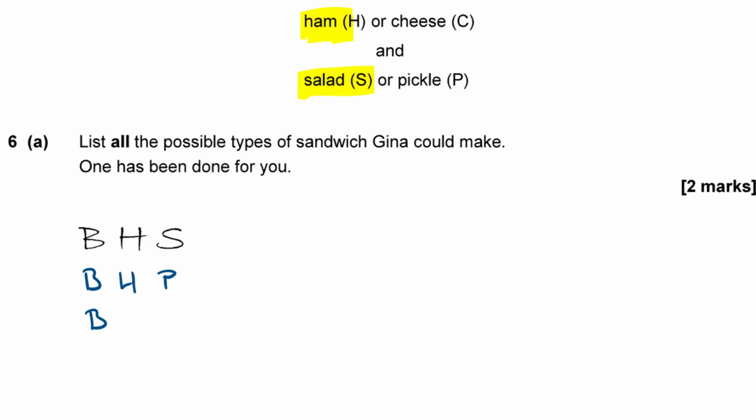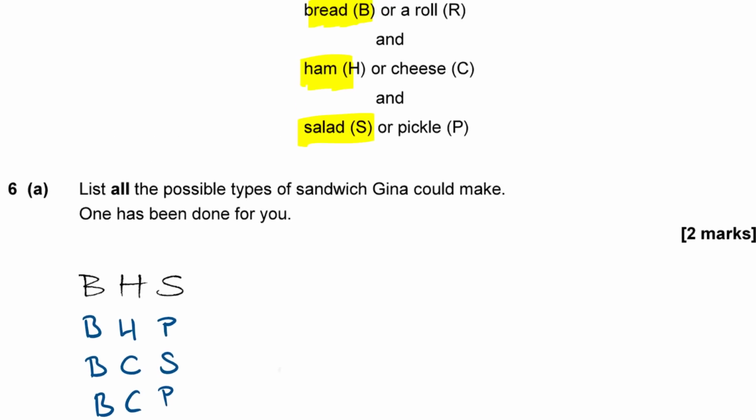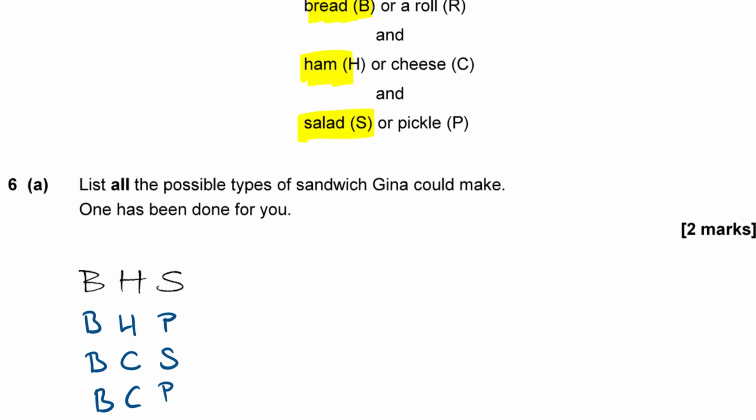So I've done all the options with ham now. So let's switch ham out to cheese. Now I can have bread, cheese and salad, or bread, cheese and pickle. So that's all my bready, cheesy options. And I think that's all the ones that I can have with bread, because I've done bread and ham, and bread and cheese.